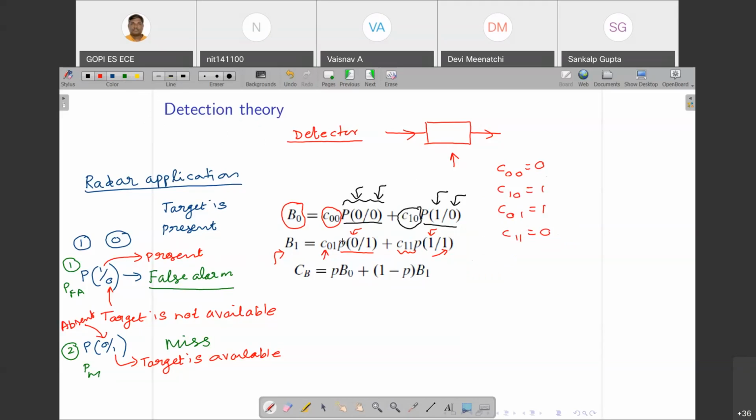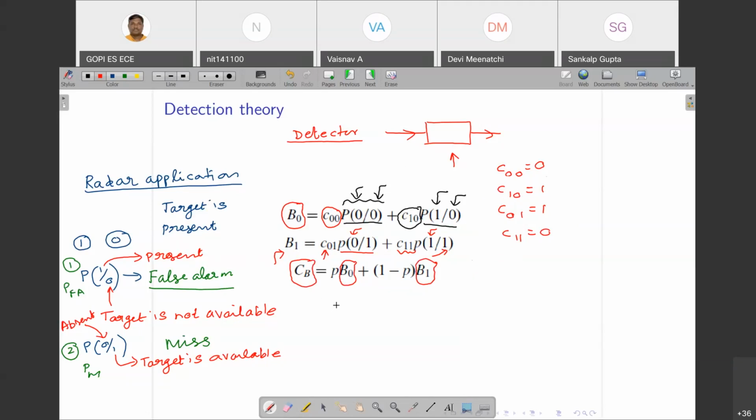So now the final average cost. We know that this is the cost involved when 0 is transmitted, and this is the cost involved when 1 is transmitted. But from the transmitter, the zeros and ones are not coming equally; they are not equiprobable.